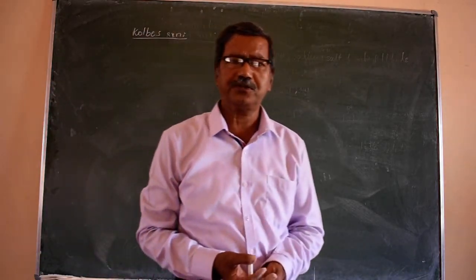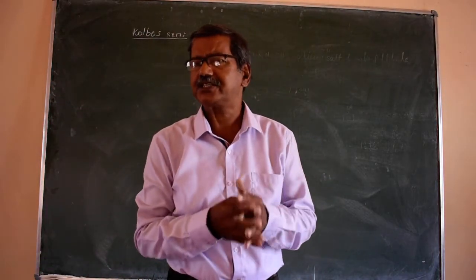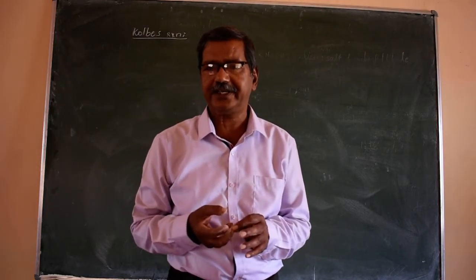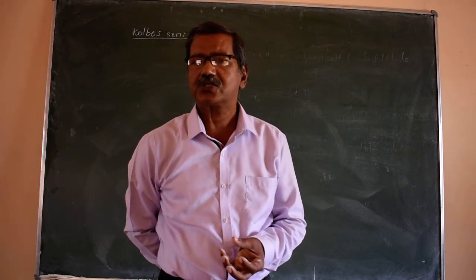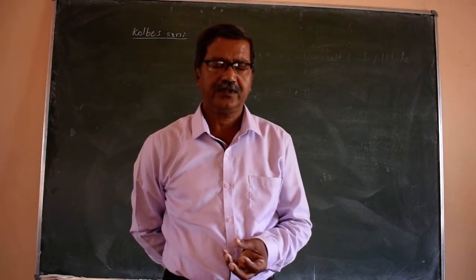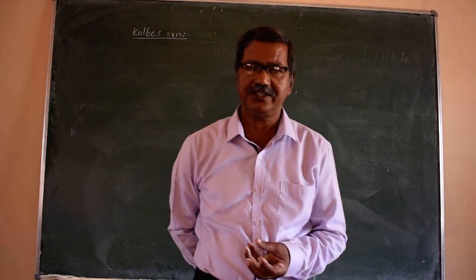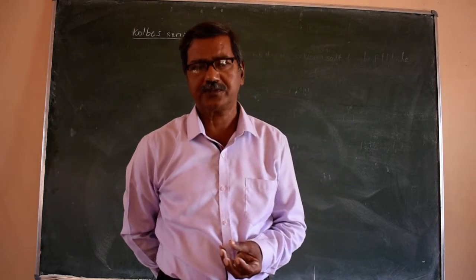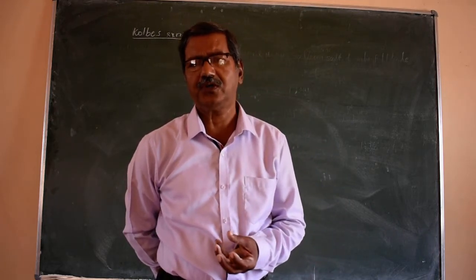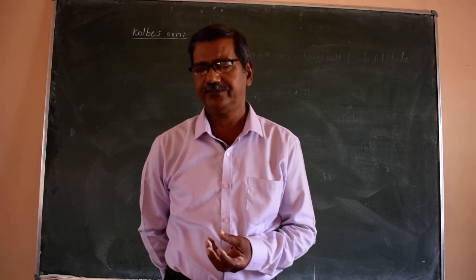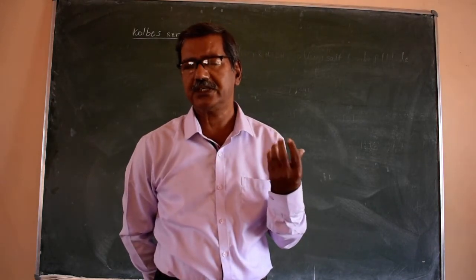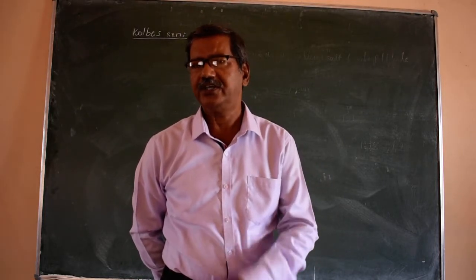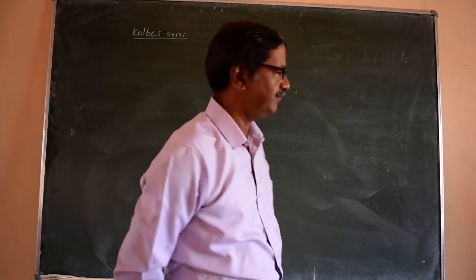In Kolbe's reaction, salicylic acid is formed when dry carbon dioxide gas is passed into sodium phenoxide at about 135 degrees Celsius under a pressure of 6 to 7 atmosphere. The sodium salt of salicylic acid, monosodium salicylate, is formed, which on acidification gives salicylic acid.